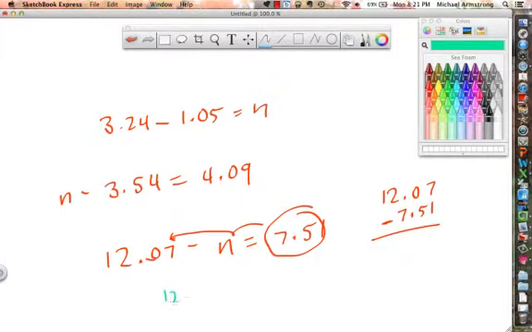Say we just did 12 minus n equals 7. Well, then what would n have to be? If we did 12 minus 7, we would get 5. So 12 minus 5 does equal 7, and 7 plus 5 equals 12. So again, you can figure out a separate type of subtraction problem to get your answer with these.